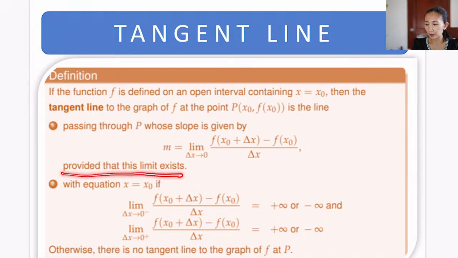Okay? With the equation x equal to x naught, as delta x approaches 0 from the left and the right.